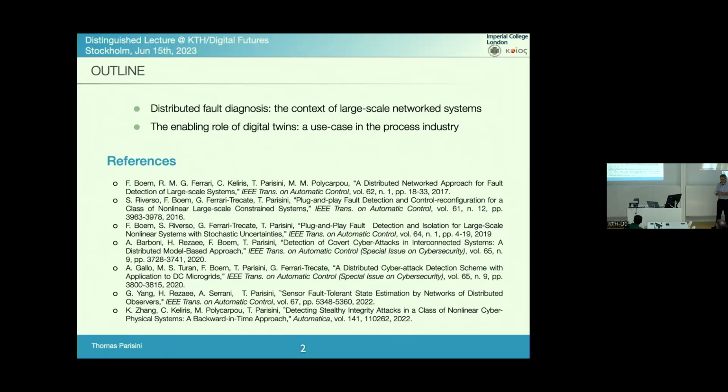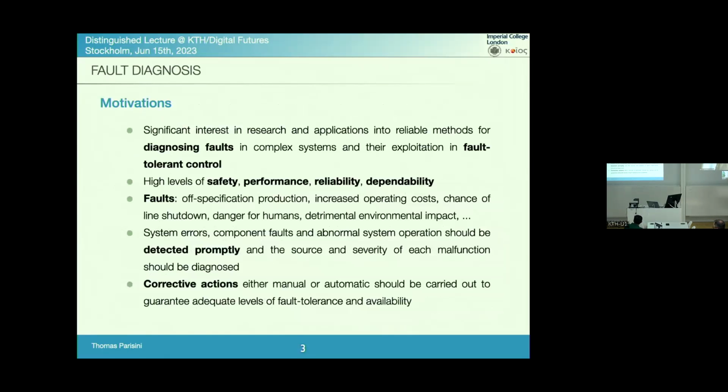But I would like to make the point of how a digital twin should be designed in order to be actually useful in a practical case, when you have an actual plant that is not an academic system of 2 or 3 state variables. Then you have a completely different framework to work with.